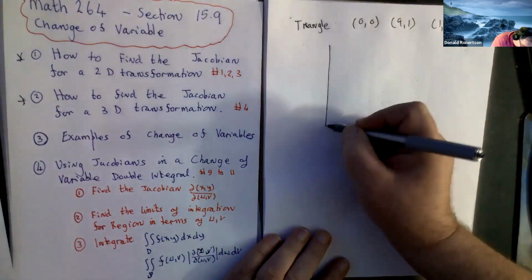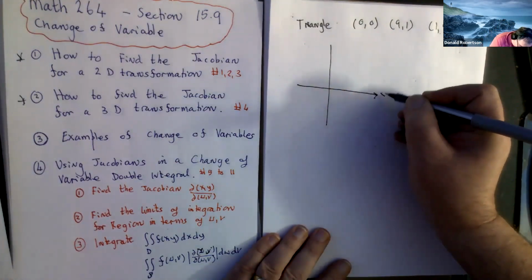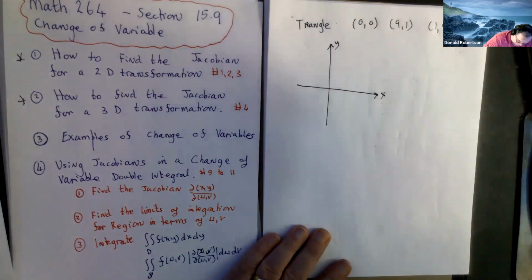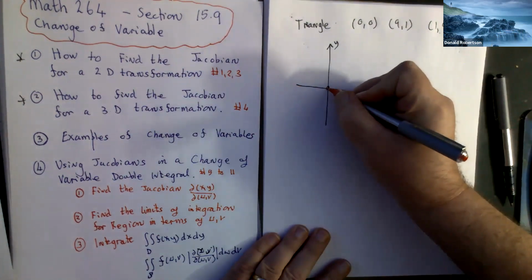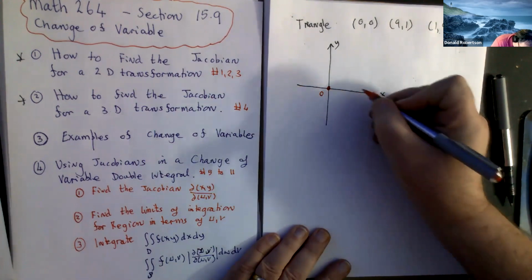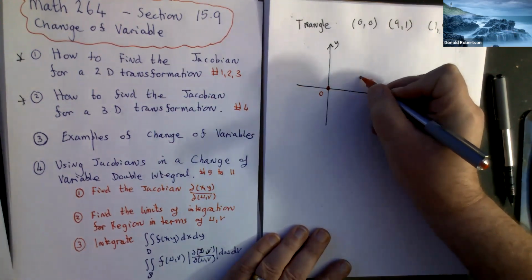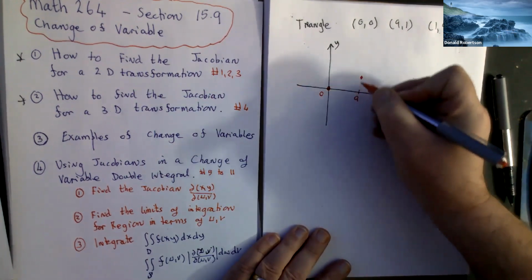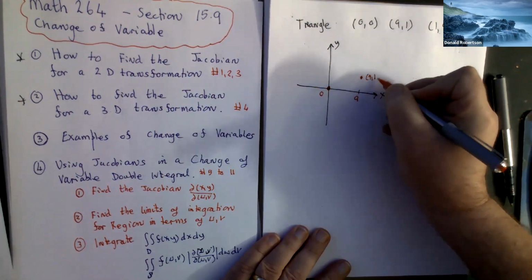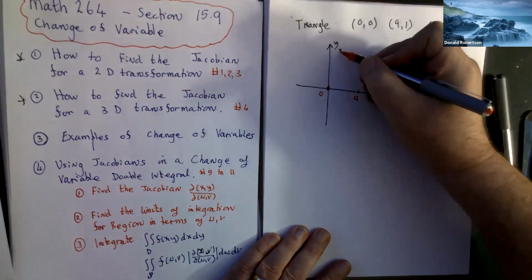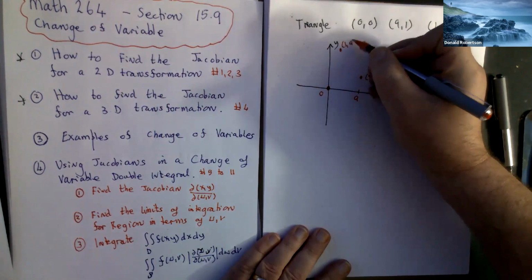So in terms of X and Y, here is 0, 0. Let's call that guy 9, 1. And let's call this guy up here 1, 9.